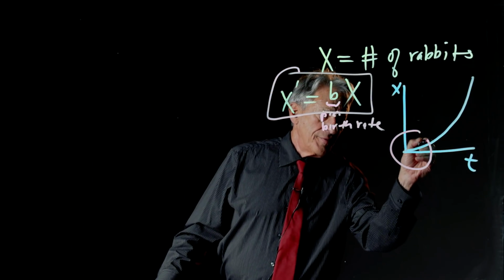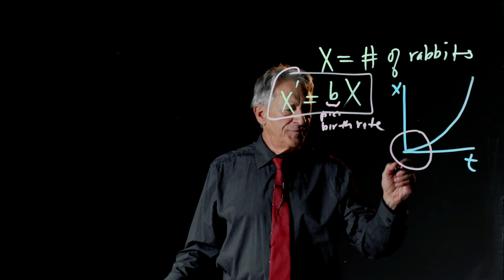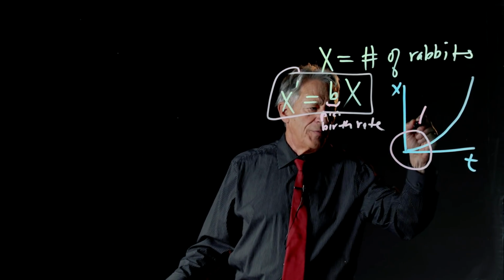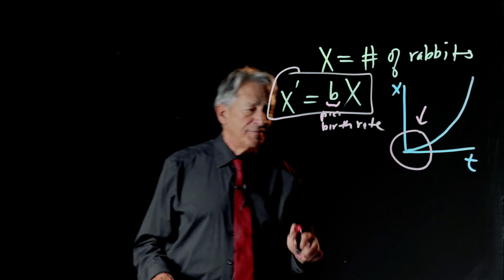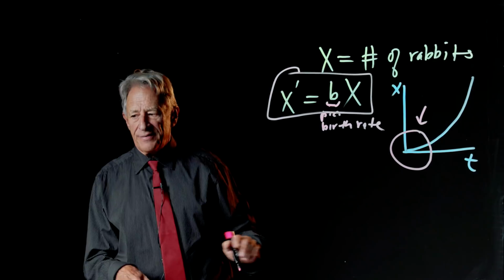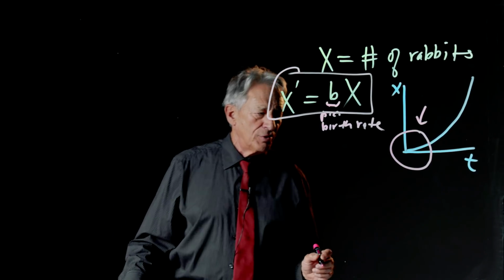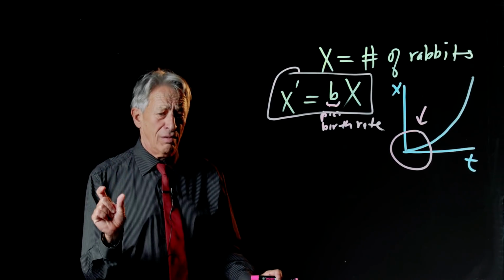And for a couple of days, it sort of did follow that law of, incidentally, exponential growth as predicted by that very simple differential equation. It did follow the law for a while.